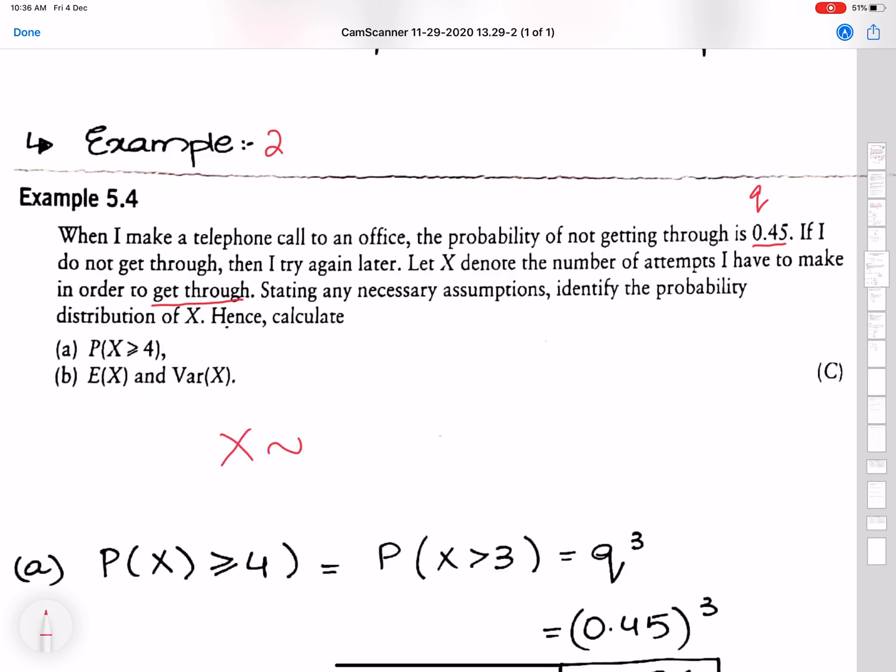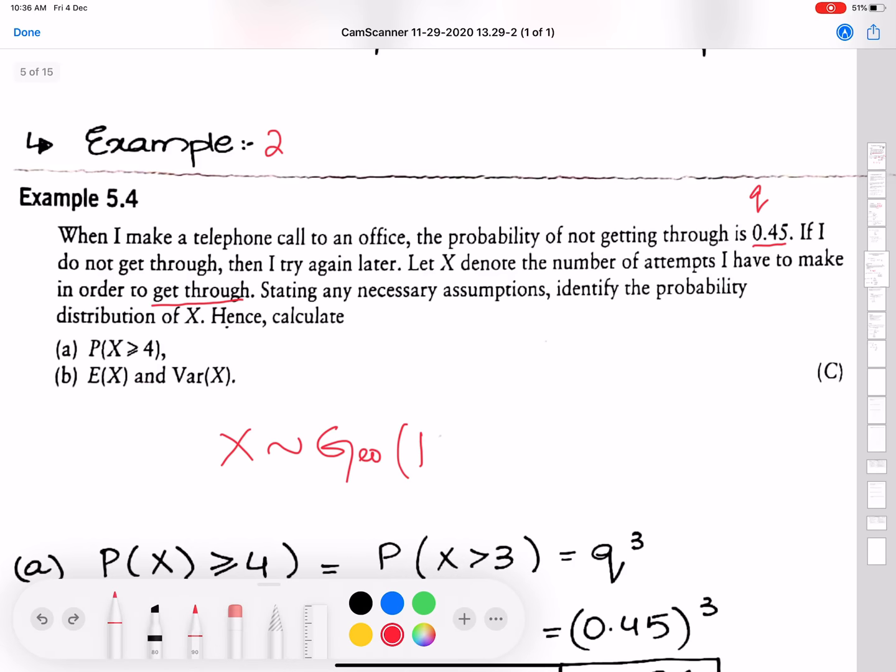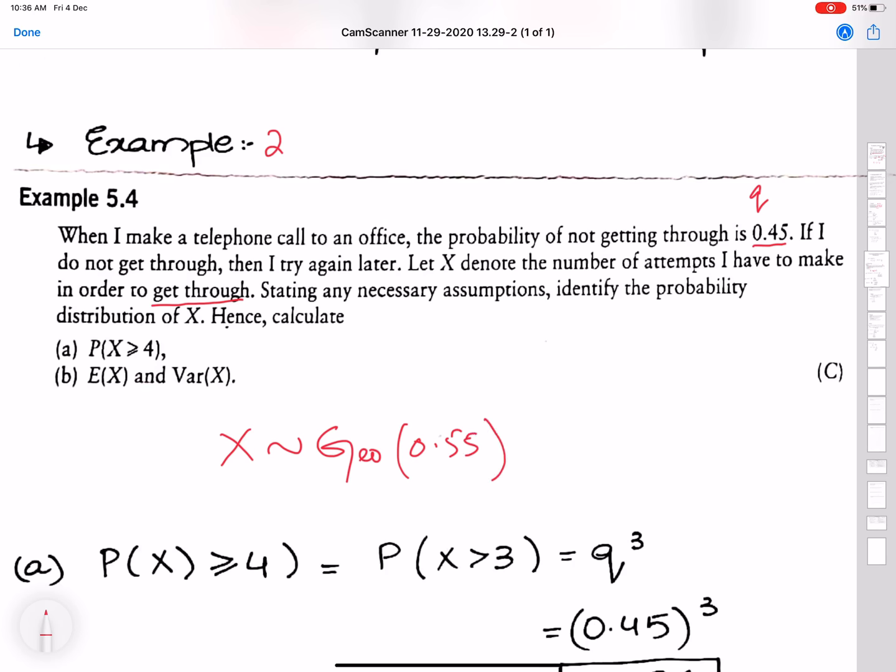So you just need to write x follows geometric with p is 0.55. Part 1, x greater equal to 4.